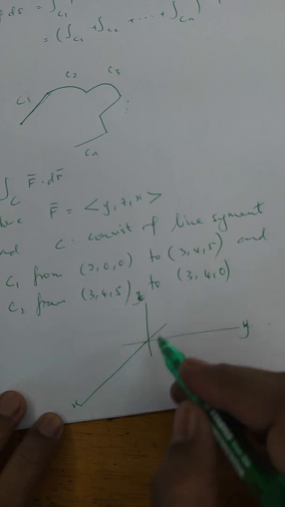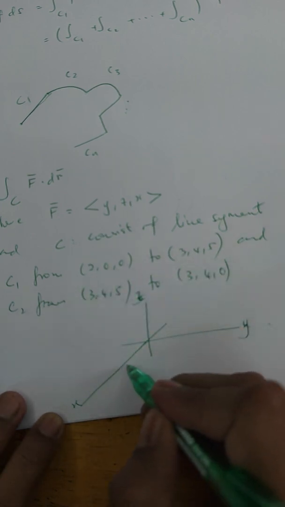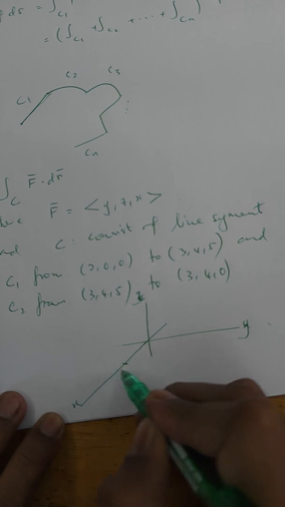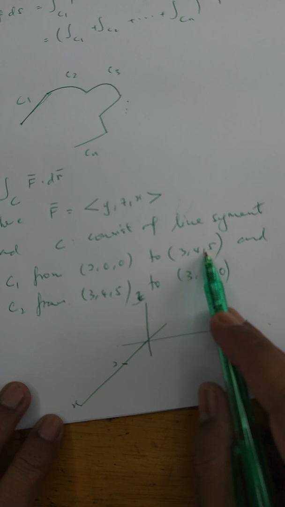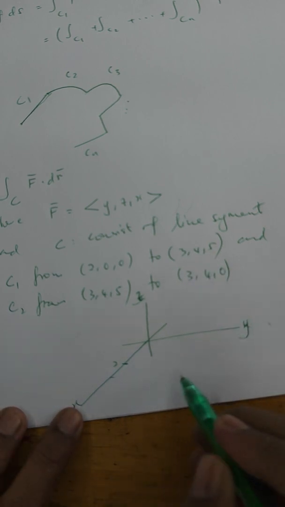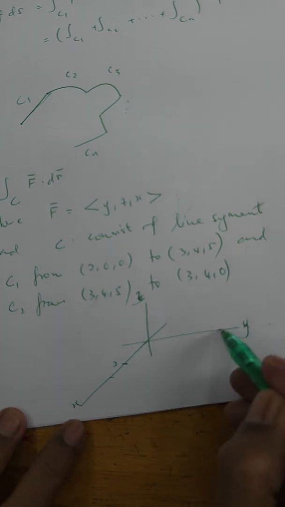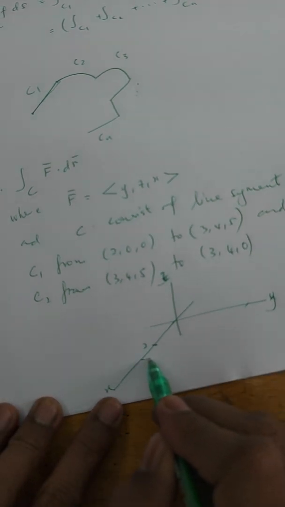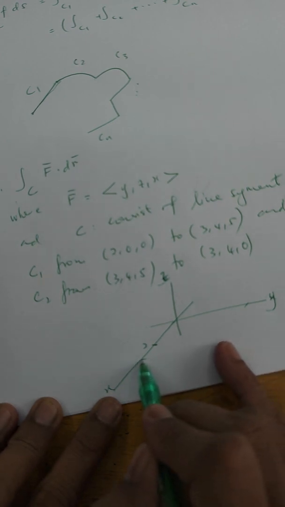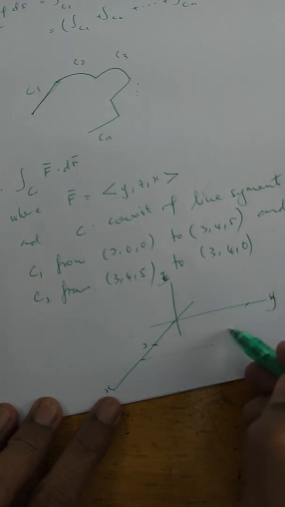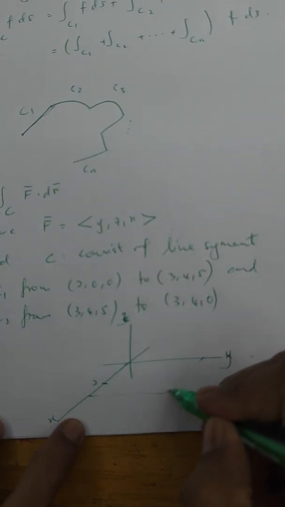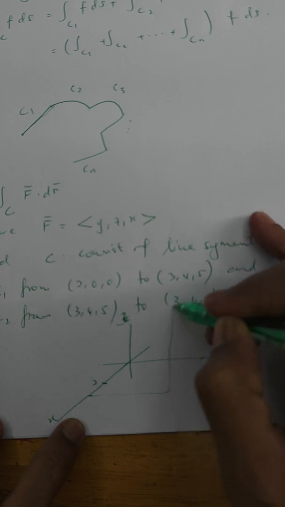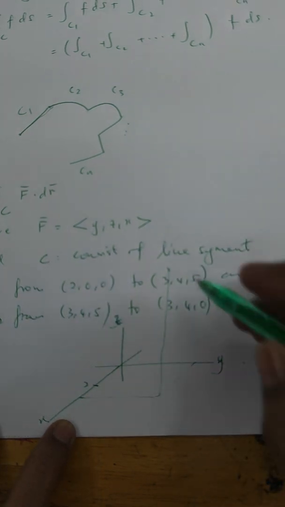Now C1 from (2,0,0). Let's say here is 2. And then to (3,4,5): 3 and 4 probably somewhere here, and 5, so you need to lift this a little bit longer.